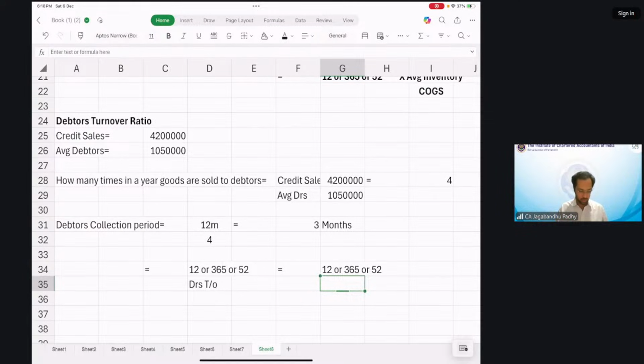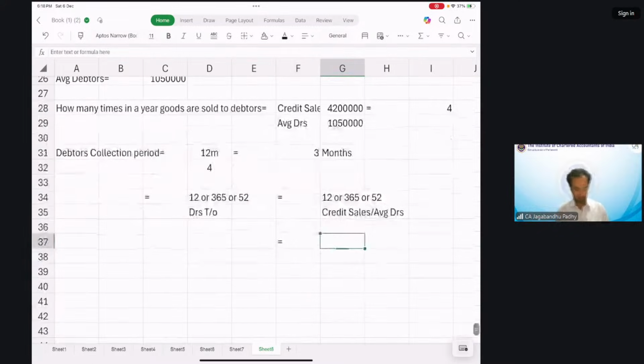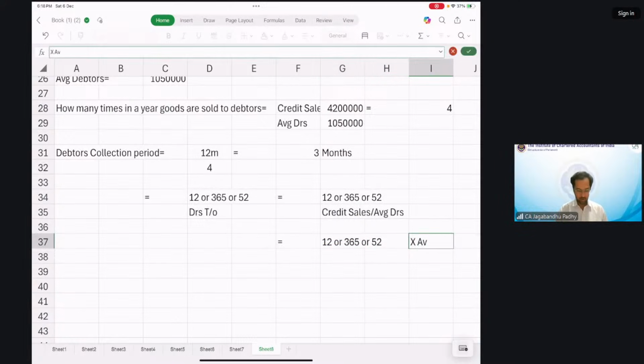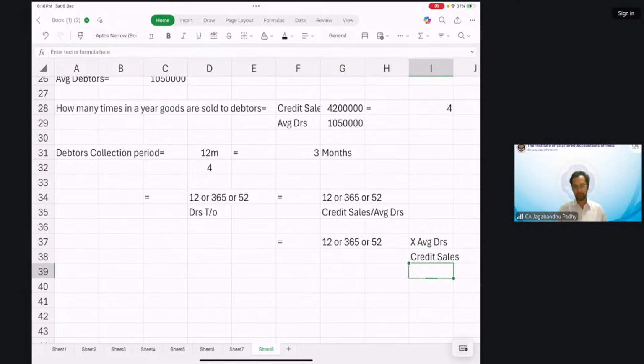So debtors turnover, I can definitely say that this is credit sales by average debtors, and formula wise, we can say it is 12 or 365 or 52 multiplied by average debtors by credit sales.